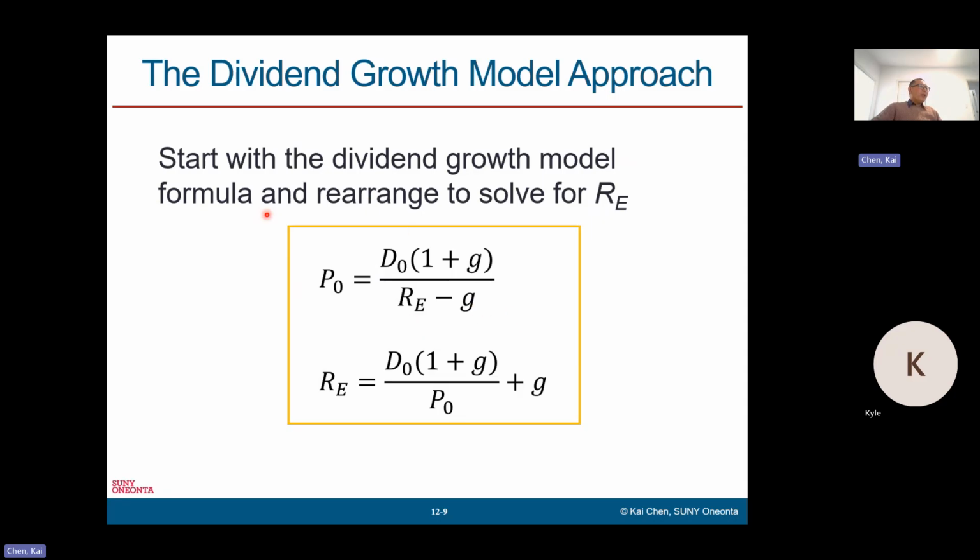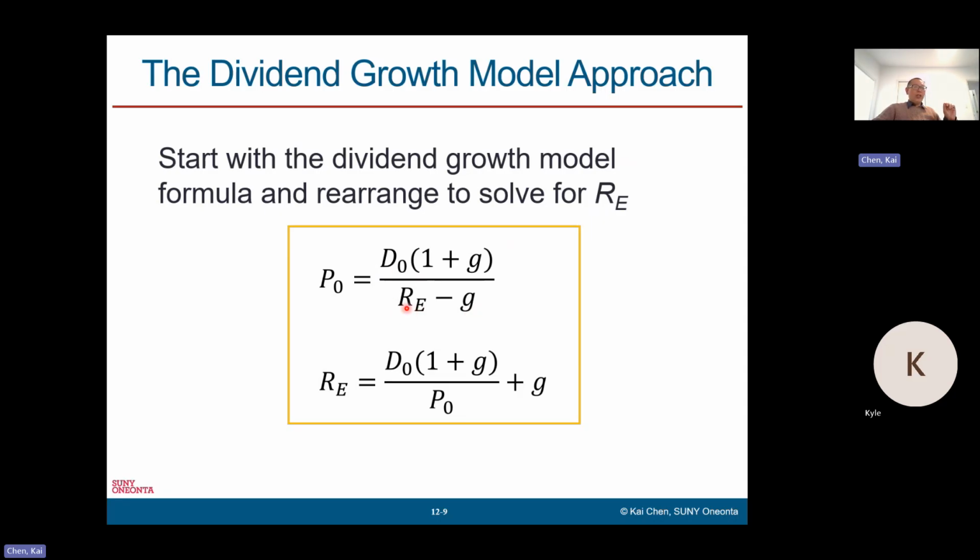Now in this formula, we can observe P0 and D0, and we can use historical data to estimate the constant dividend growth rate. So in this formula, the only unknown is RE.